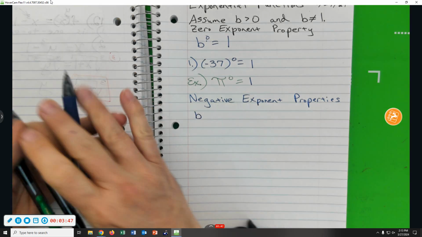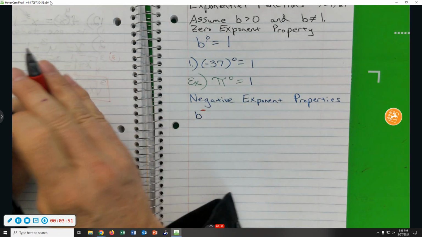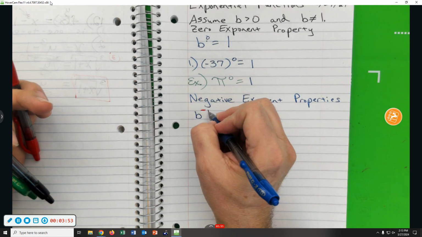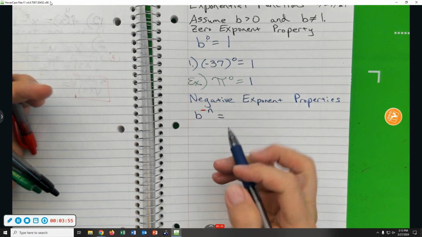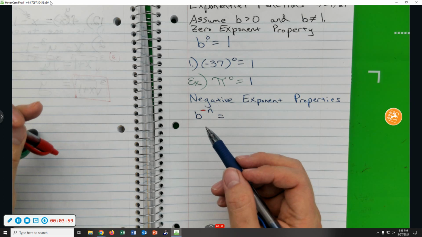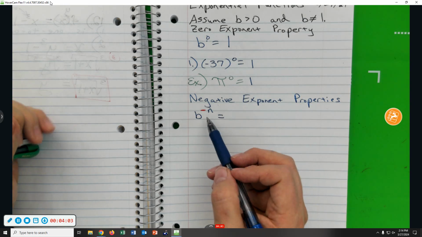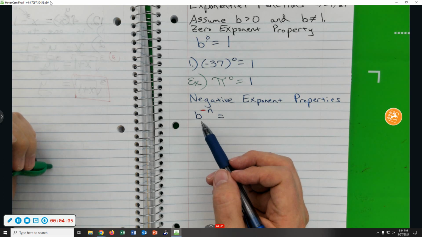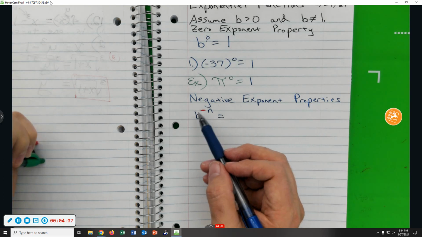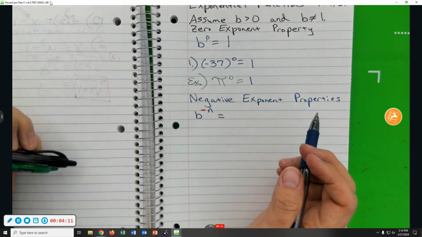Okay, b to the negative n power. What do we mean by a negative exponent? You can't say, well, x cubed is x times x times x. A negative number is not a counting number, so we can't think of negative exponents as just repeated multiplication.